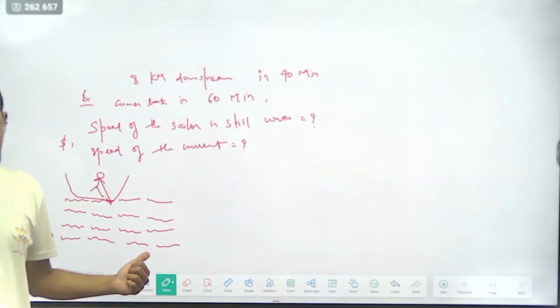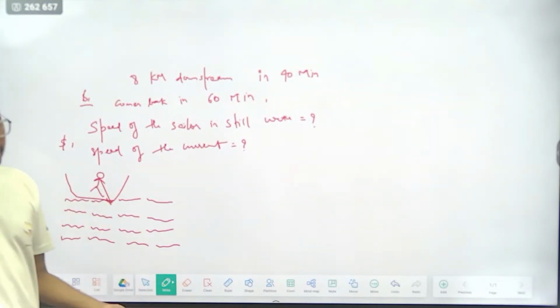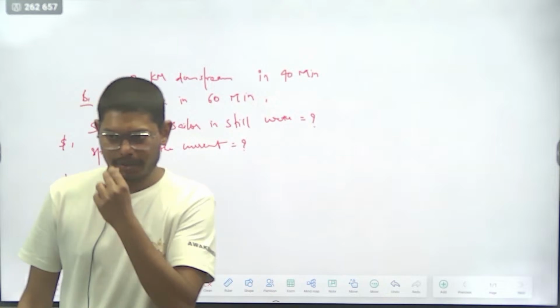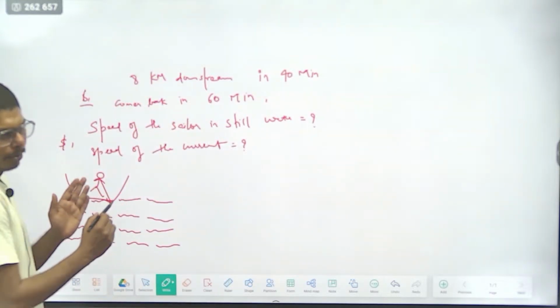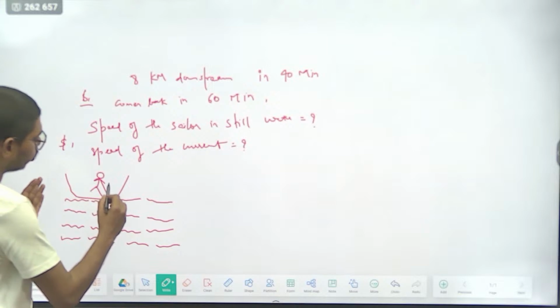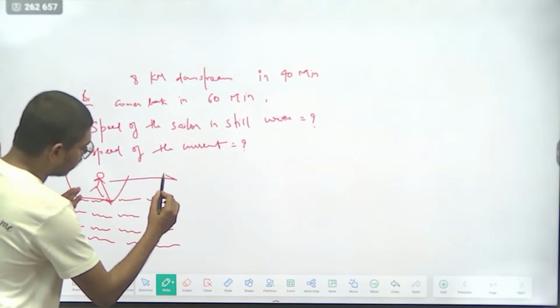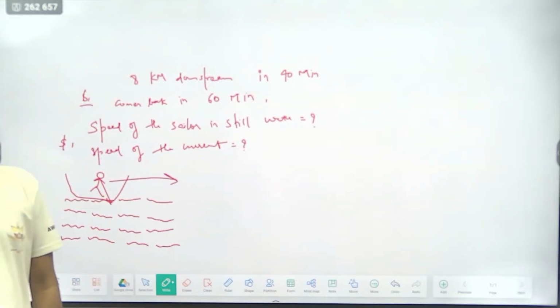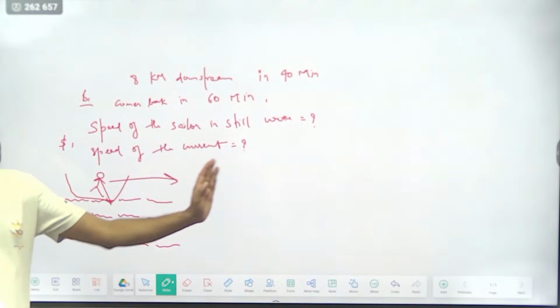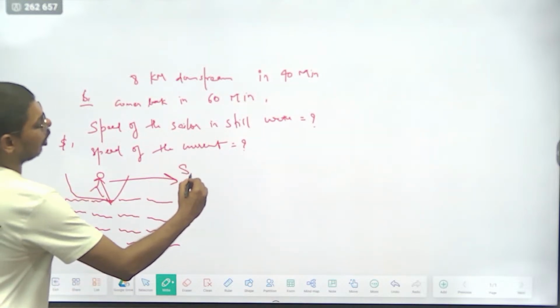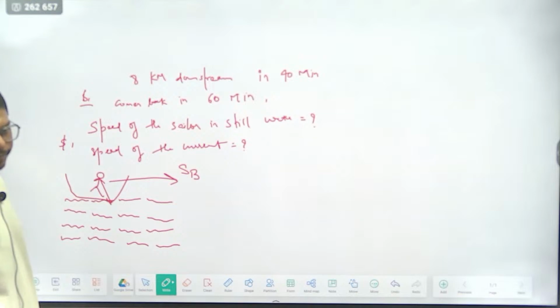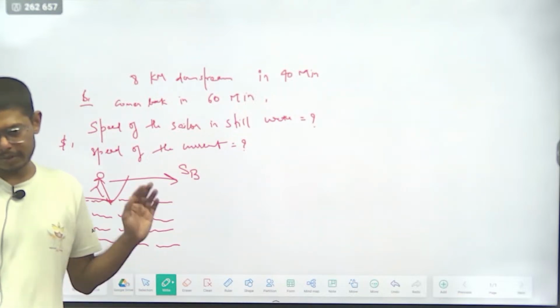Let's say this person who is trying to move the boat is trying to move the boat in this direction. This is called what? Speed of the boat.